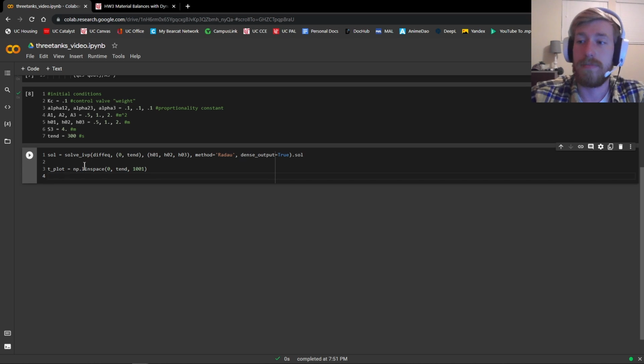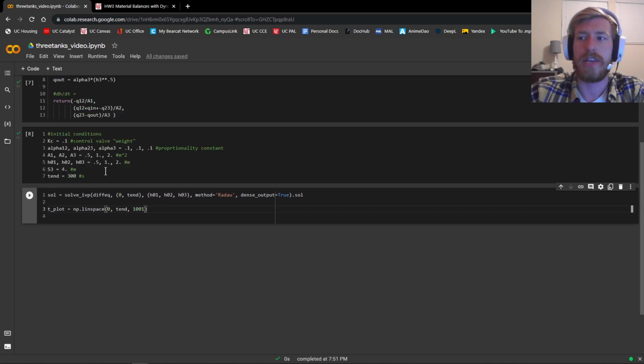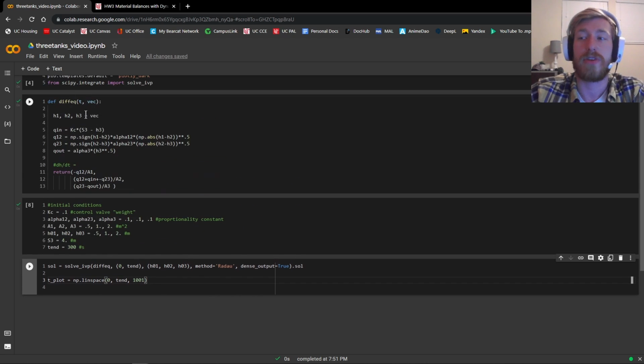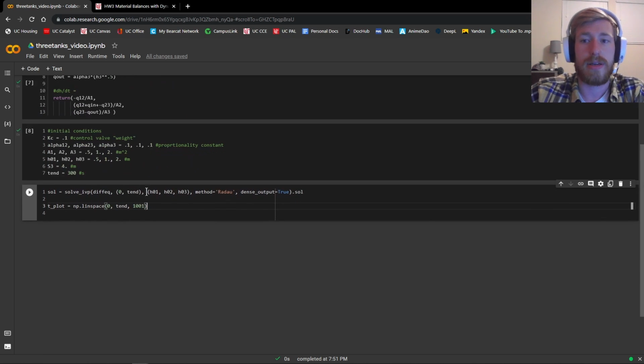So now that we have our input, how do we actually plug this t-plot into our solution in order to generate our heights at each time? Well, that's actually very easy thanks to the way that solve IVP formats the equations. Since, you remember, our differential equation function returns three different differential equations right here, it actually returns three equations in a single sol variable, as we've defined it right here.